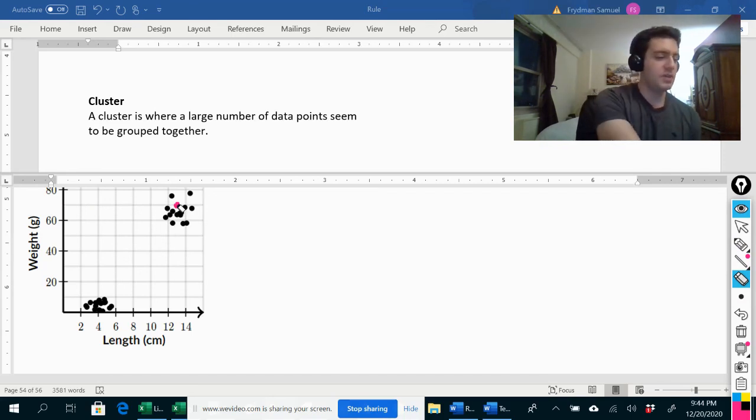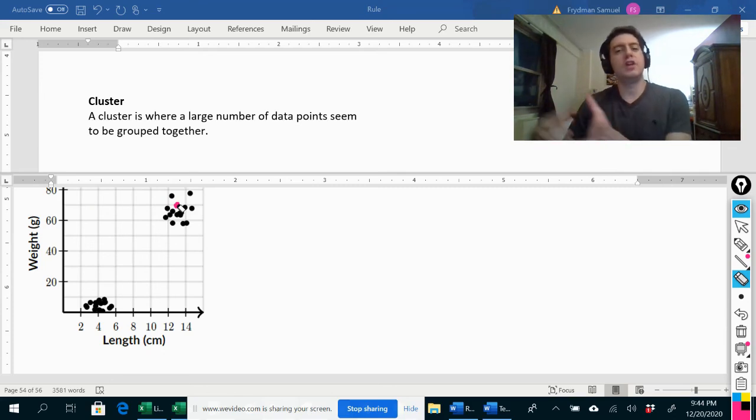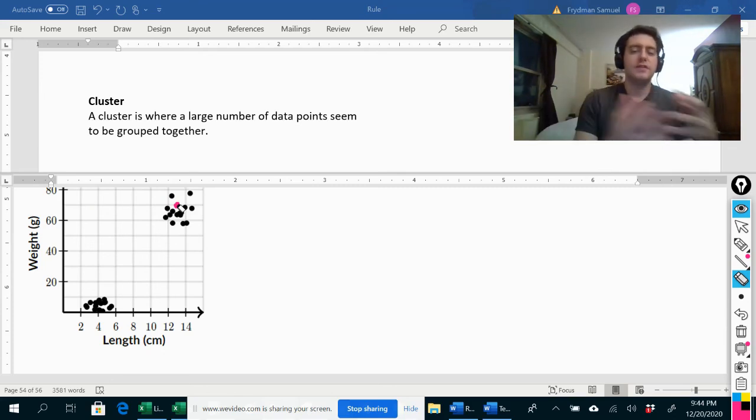So clustering can be useful for categorizing the gender of some animal or different species or whatever it is that we're talking about.